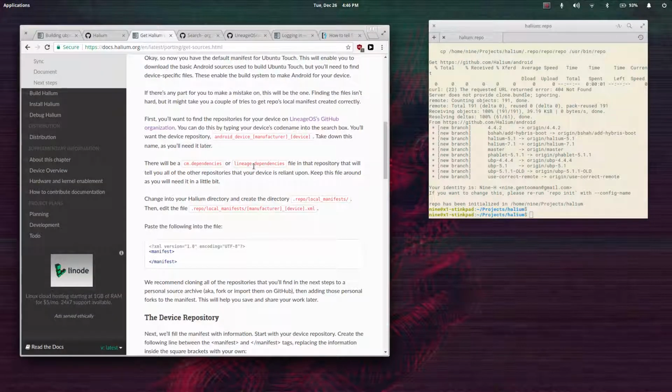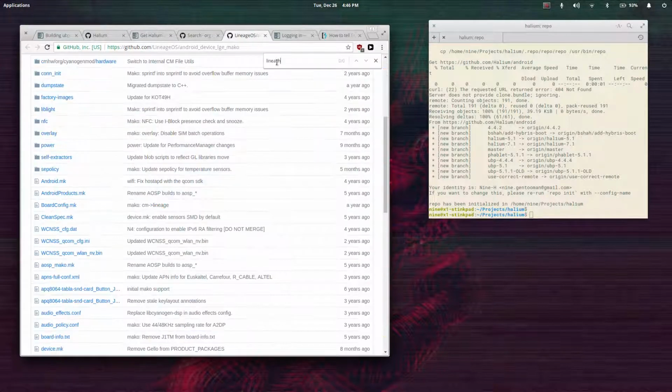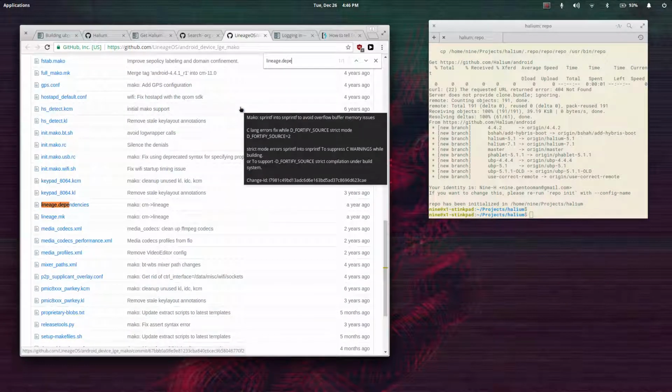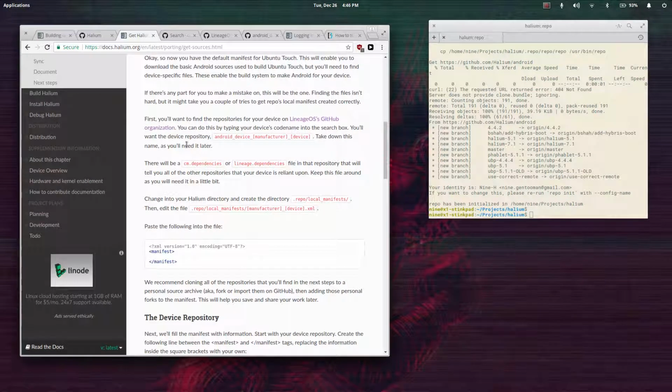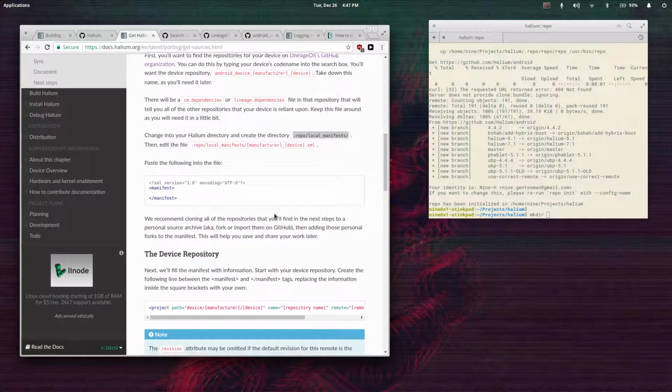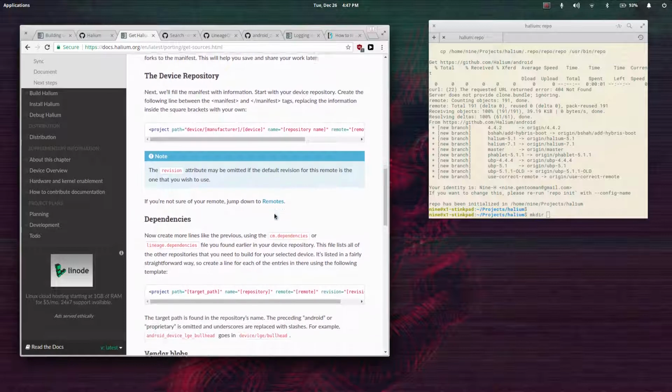Alright, so I'm looking for lineage.dependencies. Fucking hell.